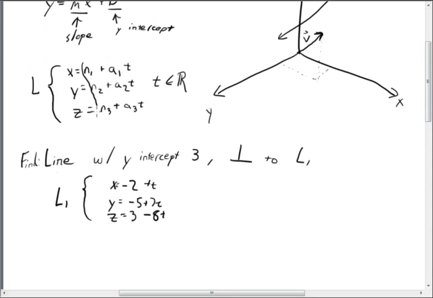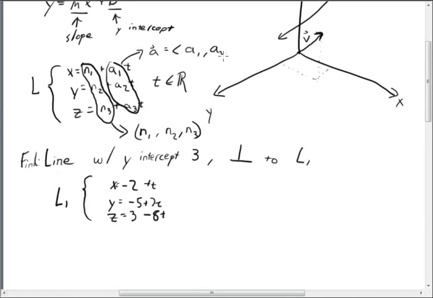These numbers here actually specify a point. This specifies the point n1, n2, n3, and this line passes through this point. Now this represents vector A, which is equal to A1, A2, and A3. So if you're given an equation of a line, you can find the point on it that it obviously passes through.